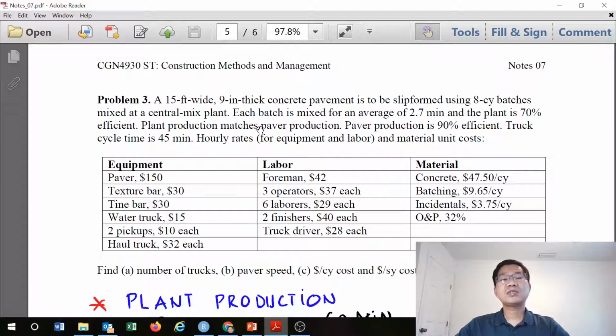Plant production matches paver production. So what does that mean here? Ensure continuous operation of the concrete pavement, just like we did in asphalt pavement. Paver production is 90% efficient. Truck cycle time is 45 minutes.